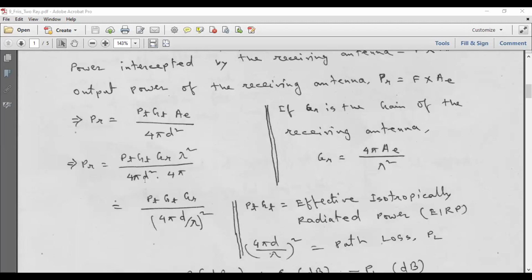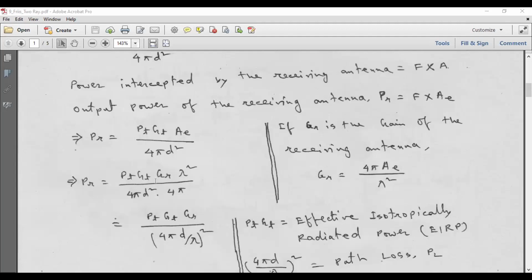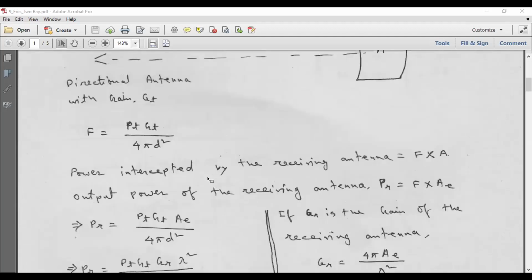D represents the distance between the transmitting and the receiving end, and lambda is the wavelength of your signal. Now these notations are very common for wireless communication, and throughout the course we'll be using the same notations. So D will be representing the distance between the transmitting and receiving end in all of our examples.